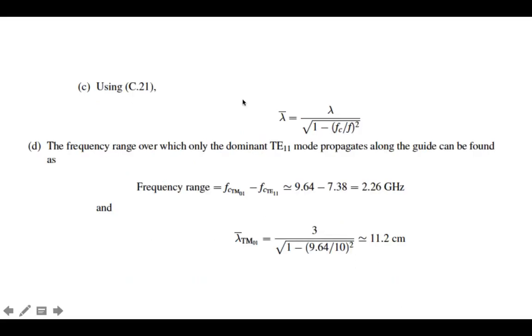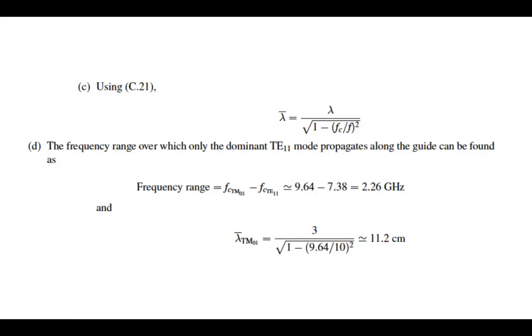Okay, the wavelength in the guide can be found by taking lambda over the square root of 1 minus the ratio of the cutoff frequency to the frequency, squared. So basically you can do that on your own by determining the value of lambda and then just plugging in the desired cutoff frequency.